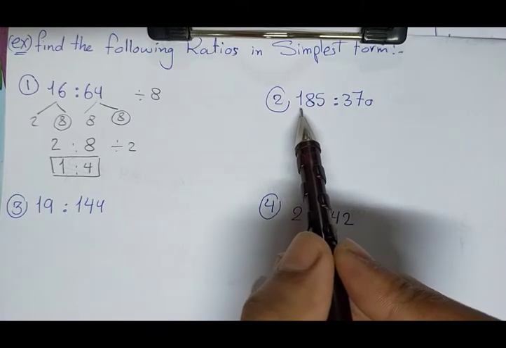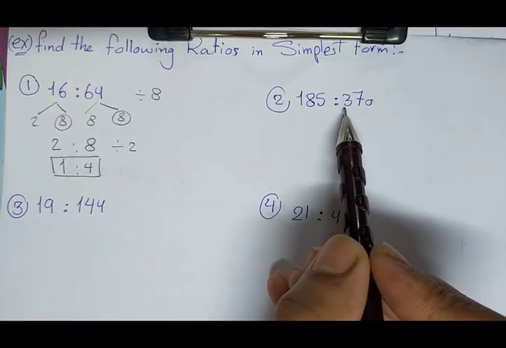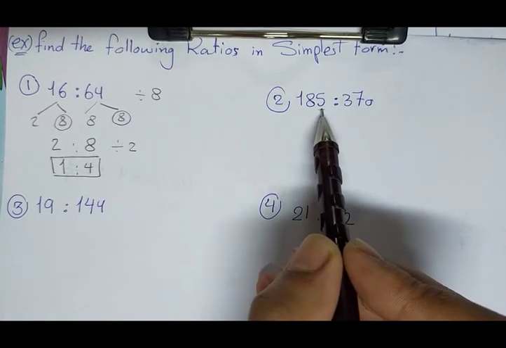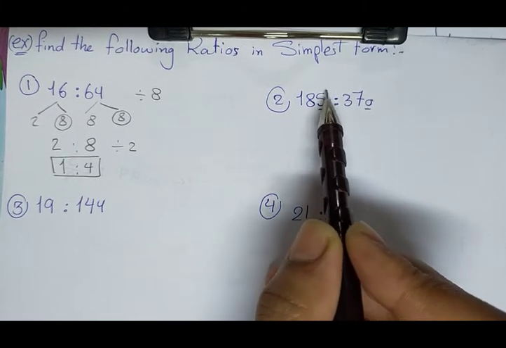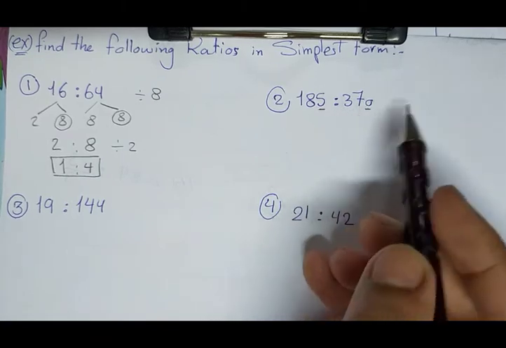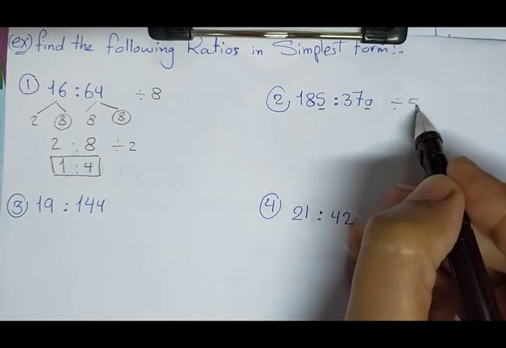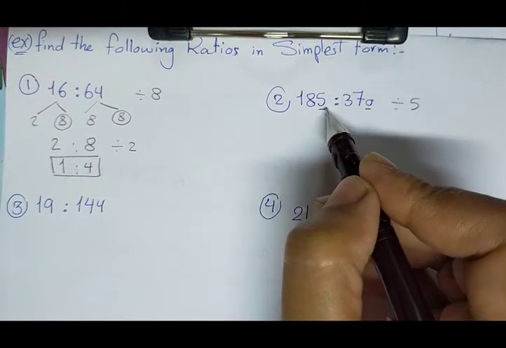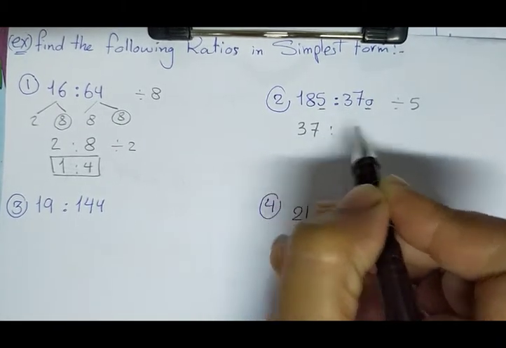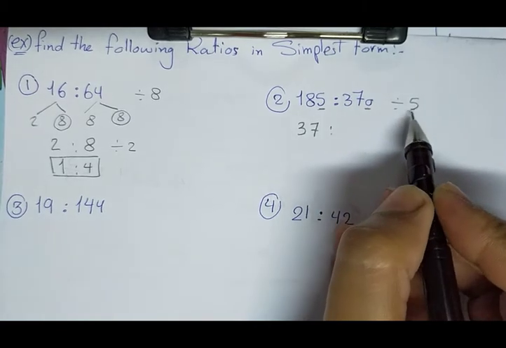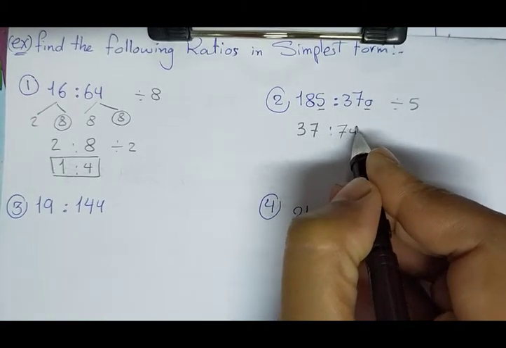Number 2: 185 to 370. Here the unit digit is 5 and here it is 0. If the unit digit is 0 or 5, I can simplify by dividing by 5. 185 divided by 5 equals 37. 370 divided by 5 equals 74.